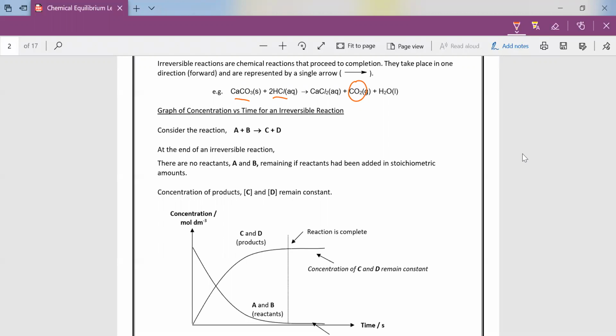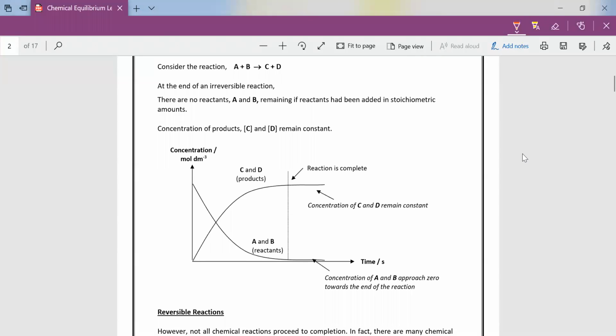The concentration of the product will remain constant once the reaction has been completed. You can see from this graph, the concentration of A and B goes down to 0, while C and D increase until the reaction has completed.